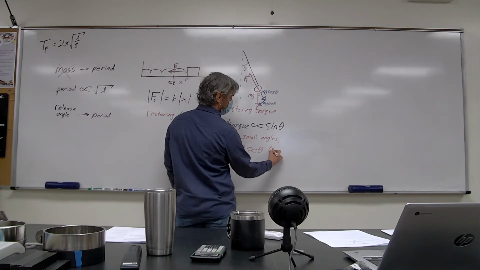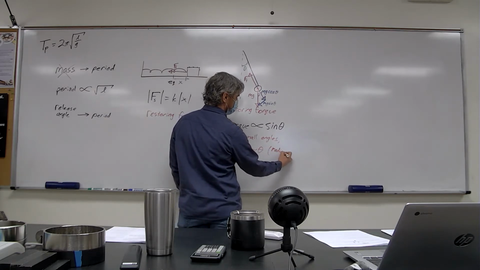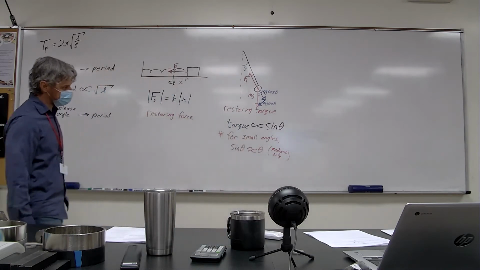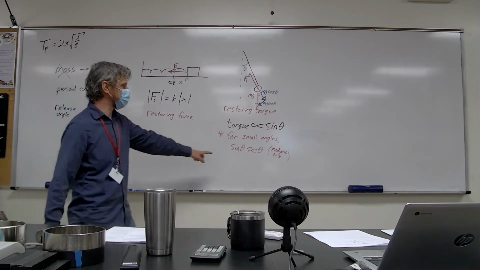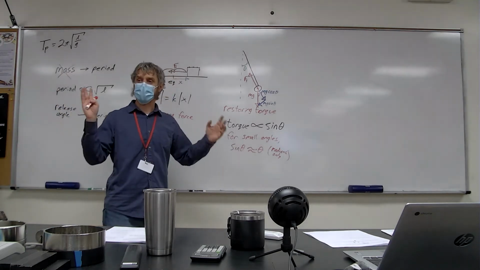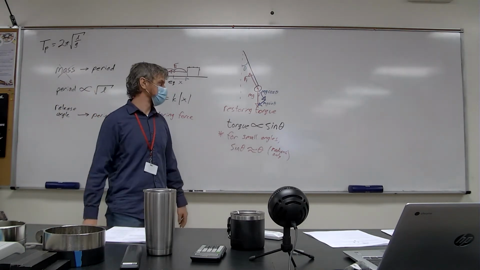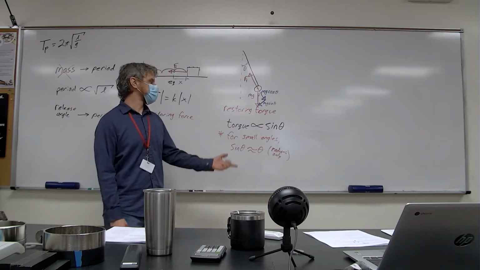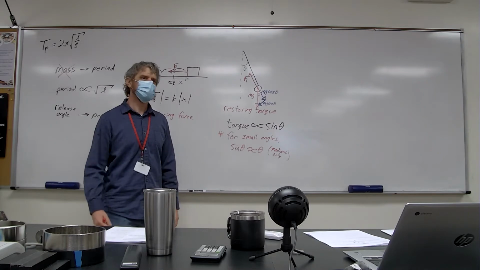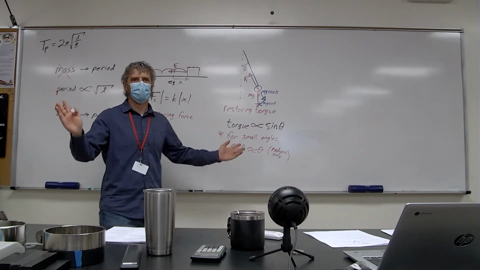This is only if you're dealing with radians. This will not work for degrees. But if you're dealing with radians, small angles, the sine of an angle is approximately equal to the angle itself. If you don't believe me, get out your calculator. Do the sine of 0.1 radians, and it'll be about 0.1. Okay.